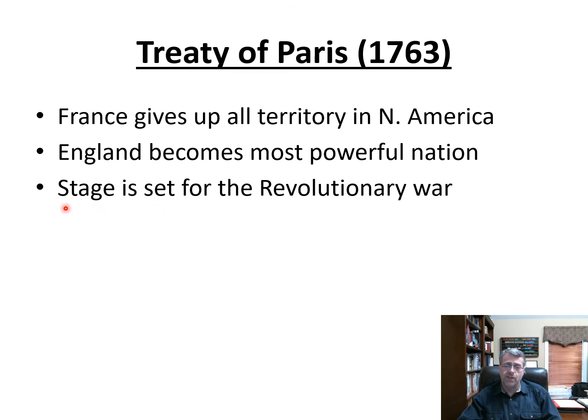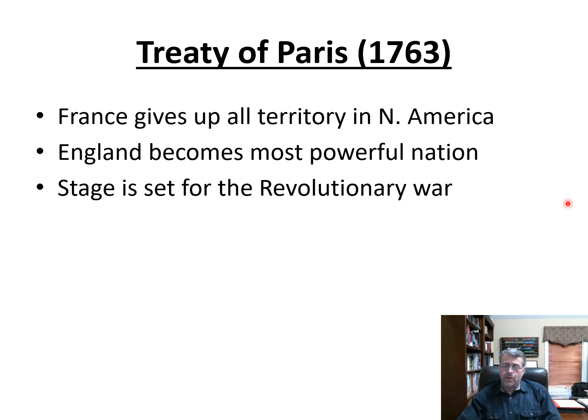England's sudden and deliberate control of trade, the enforcement of all these trade regulations, and the sudden increase in taxation. Both of these things are going to become some of the central issues that will eventually lead to the Revolutionary War. So keep in mind, in 1763, the American Revolution is still about 12 or 13 years away.